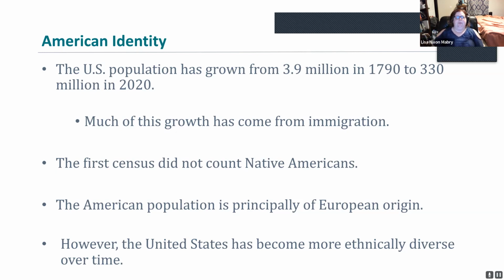You hear Native American, African American, maybe Hispanic American or Asian American. You don't hear white American, Caucasian American, right? So it's another way to divide us versus them, and we'll be talking about that throughout the semester as well.